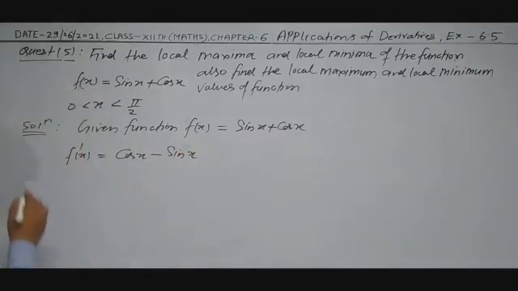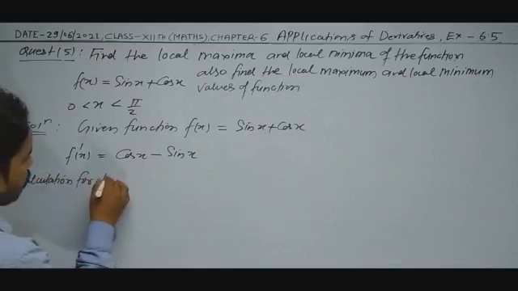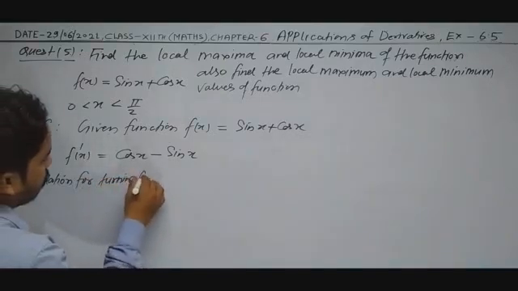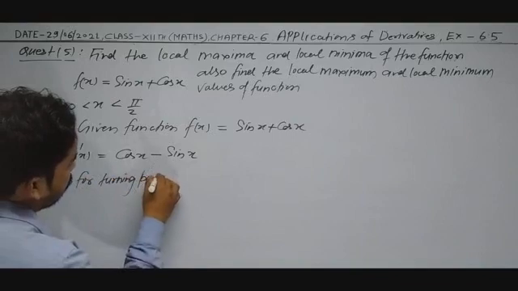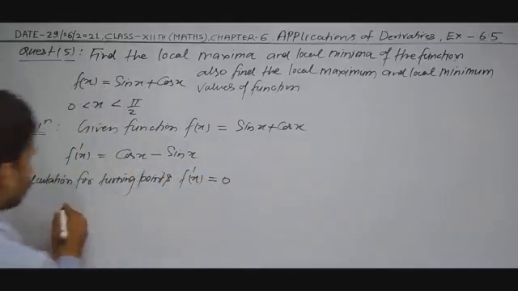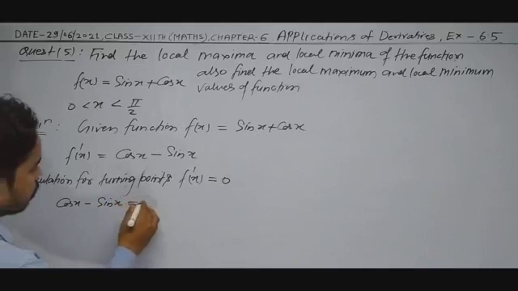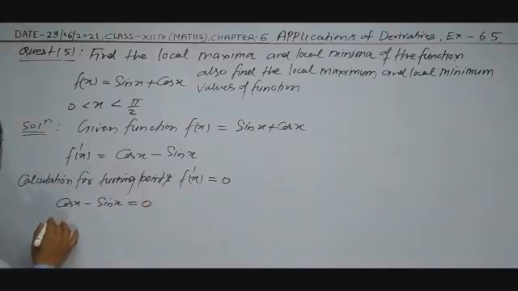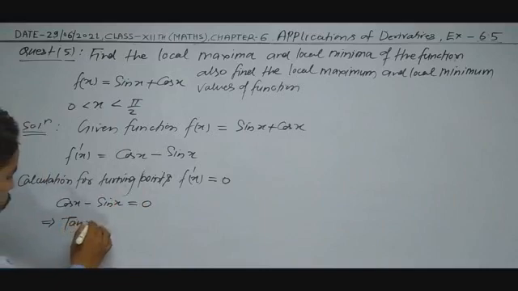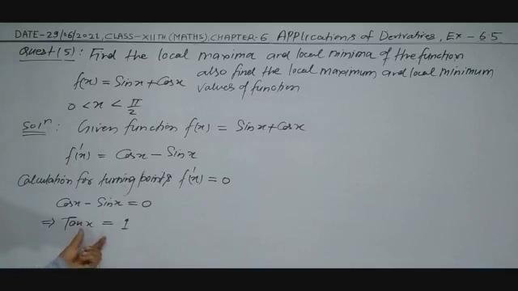For calculation of turning points, f dash x will be equal to 0. So cos x minus sin x will be 0. This implies tan x will be equal to 1. So tan x is equal to 1.